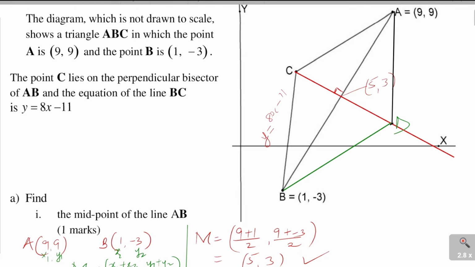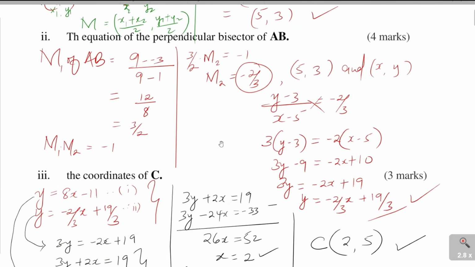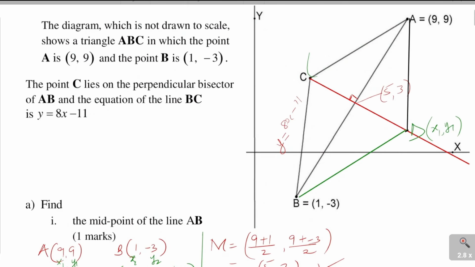Then there is something that is going to help us to get the coordinates of D. You can let the coordinates of D be x1, y1. And then we have the coordinates of C, which we've just obtained as 2, 5. And then we have the midpoint.